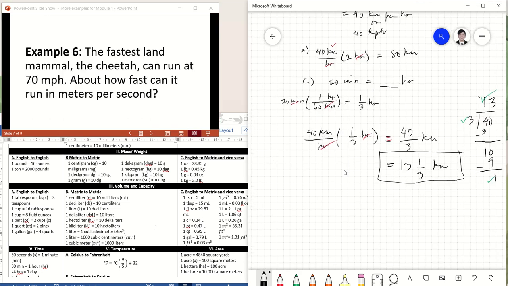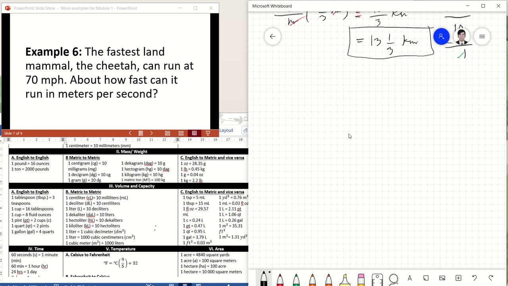Okay, now let's proceed to example 6. For example 6, it says that the fastest land mammal, the cheetah, can run at 70 miles per hour. So, mph is miles, and then we're asked to convert it into meters per second.